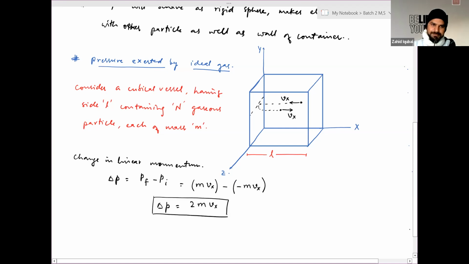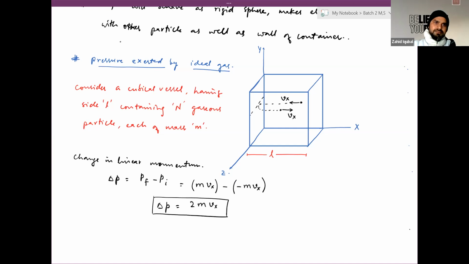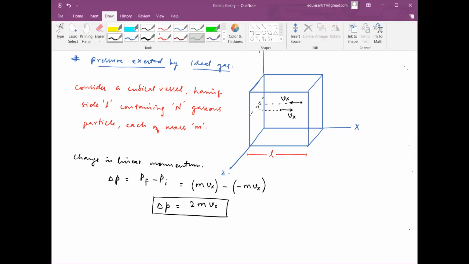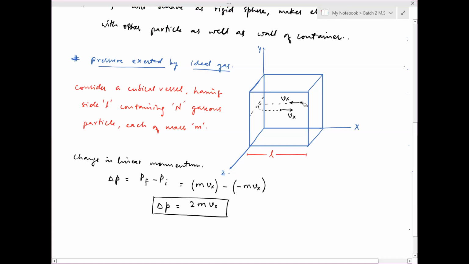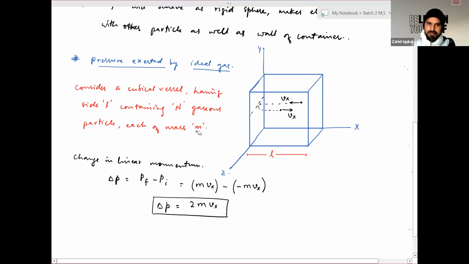Samira, is it clear? So can you explain that mvx minus minus? Okay. Each particle having mass m and moving with velocity vx will have linear momentum mass times velocity. Initially it is going along negative x-axis, so momentum will be minus of mvx, and on collision its direction gets deflected towards positive x-axis, so final momentum will become plus mvx.